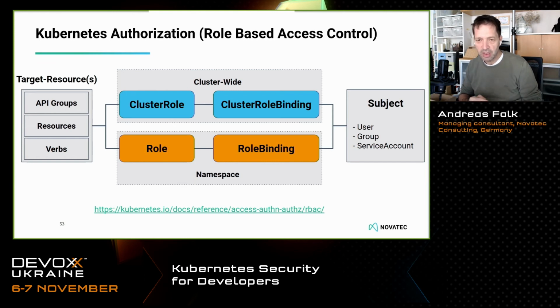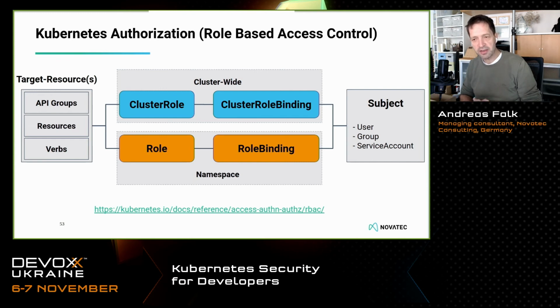For example, you could give a user only a role for one namespace. You can split up the namespaces in the Kubernetes cluster for different development teams, and via role-based access control, give them access by some role to only one namespace. Only a few users should have cluster-wide admin access, to reduce the attack surface.